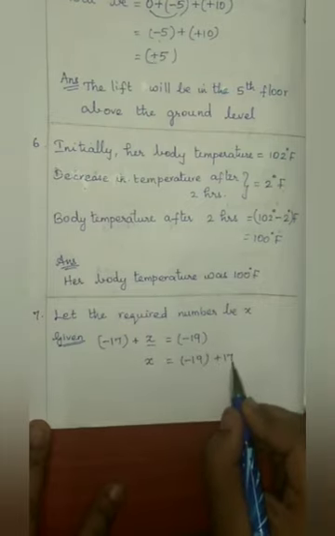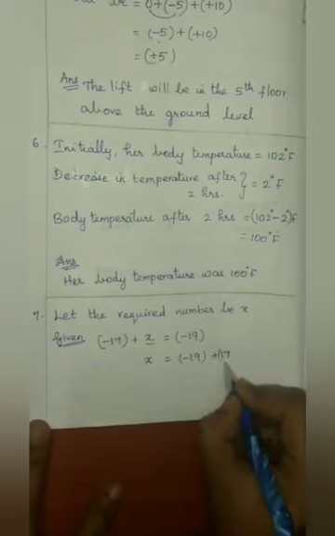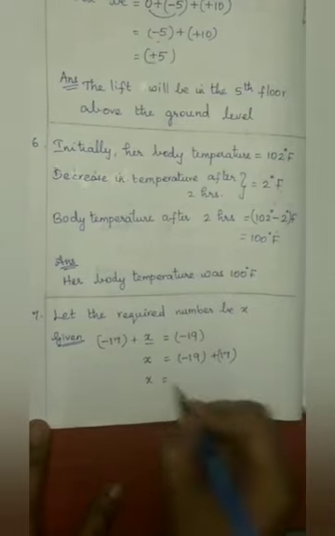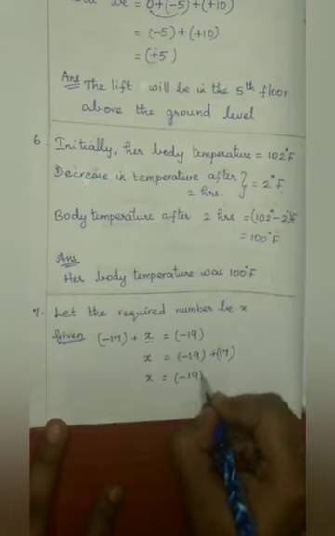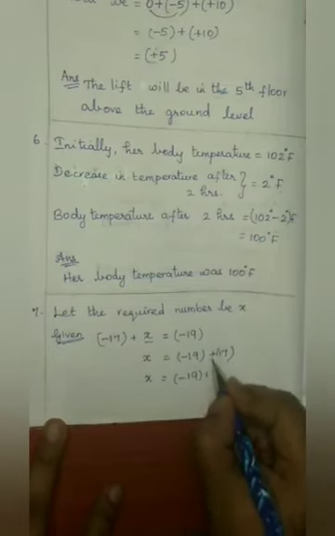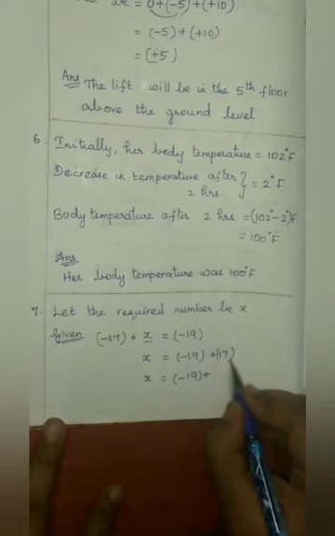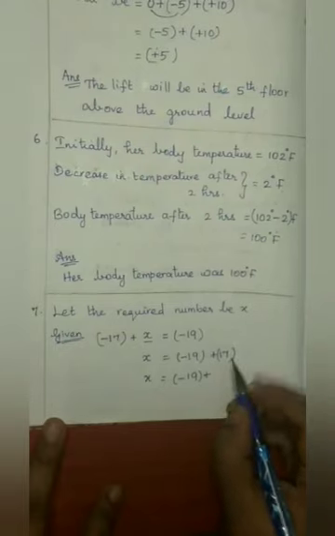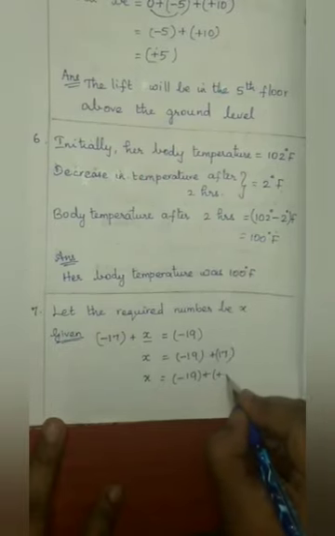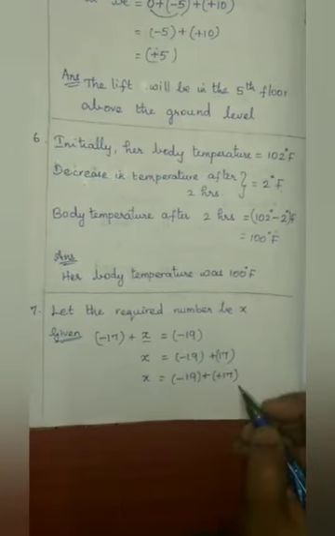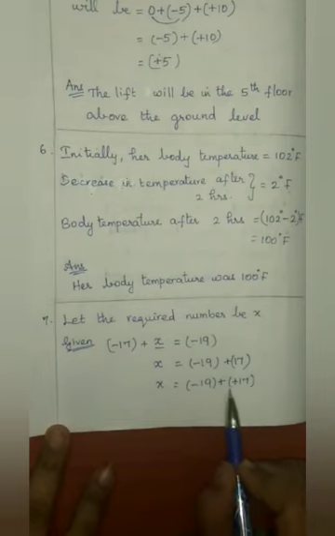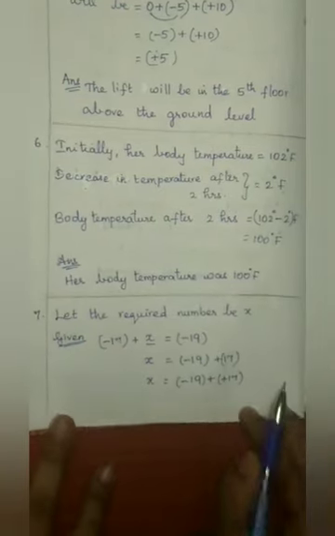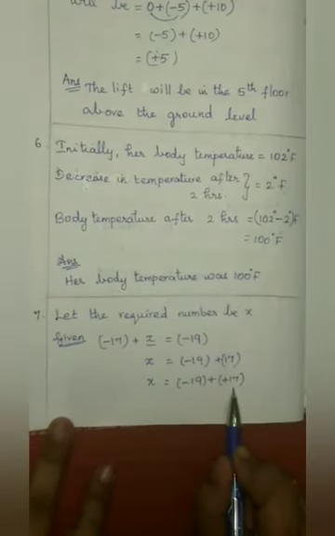Now see these two integers. The first integer is a negative integer, minus 19, isn't it? Write the plus sign. See the second integer, 17. 17 is nothing but plus 17. Here we are going to add two integers of different sign. In this case, subtract the smaller number from the bigger number. Here 17 is smaller.